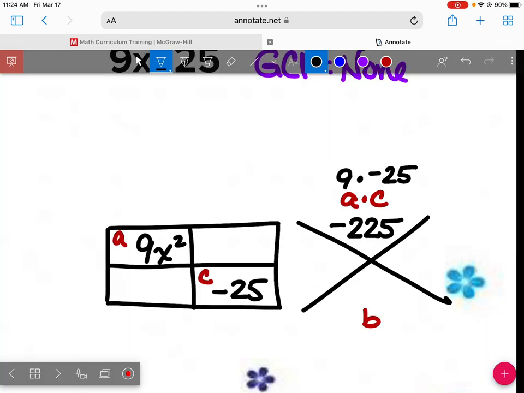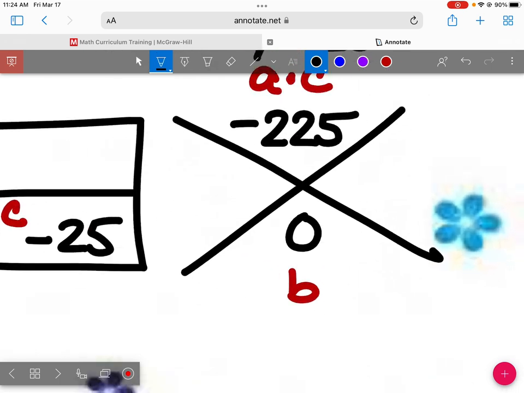What would go on the bottom of this x? 0. So if I was going to solve this using an area model like I did the first one, I've got to think up two numbers that multiply to negative 225 and add to 0. This is why I showed you guys the other way of factoring a difference of perfect squares.